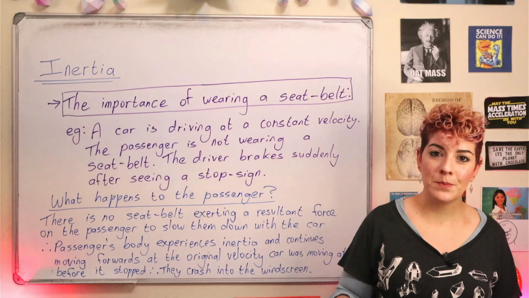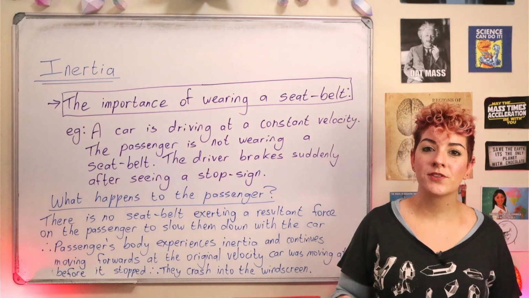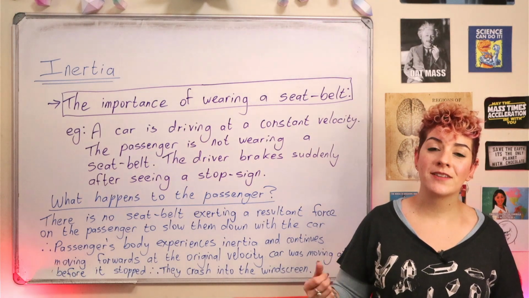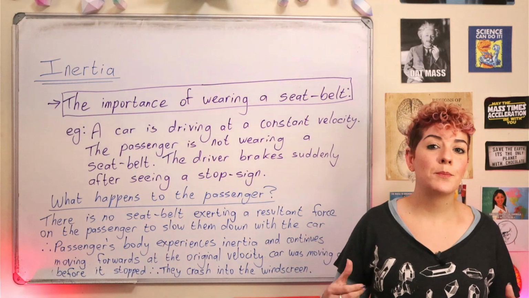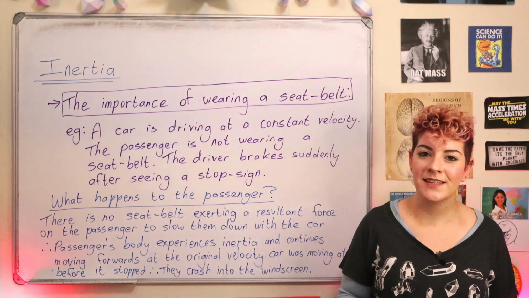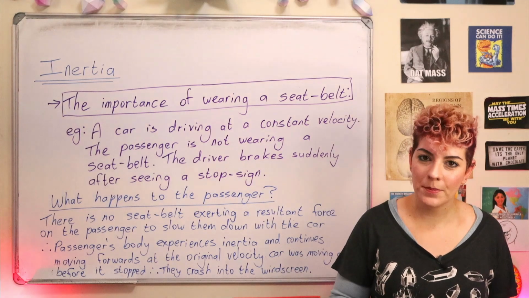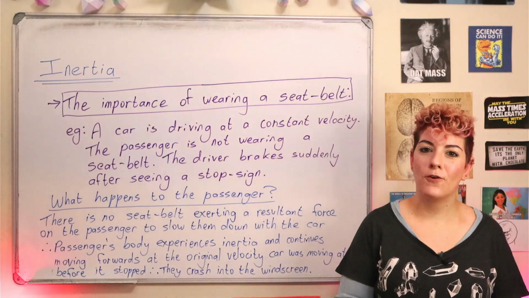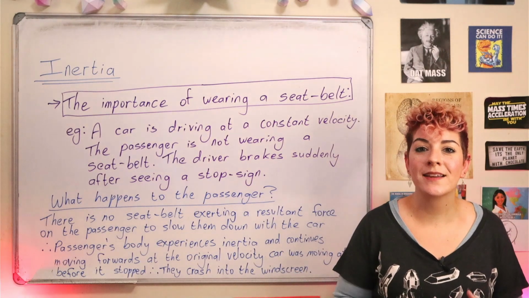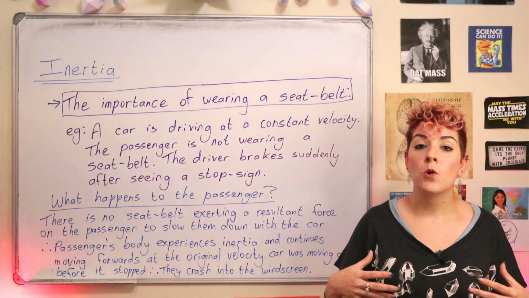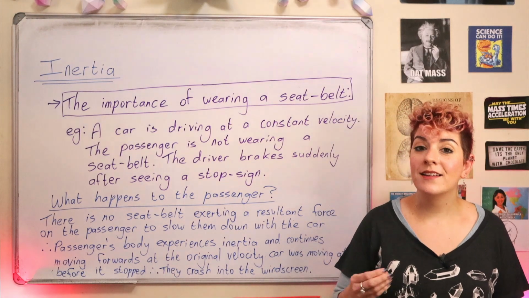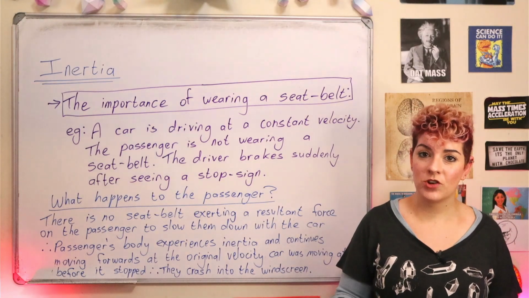But without that seatbelt, without that net or resultant force, the passenger's body experiencing inertia continues moving forward because it's trying to maintain its original velocity before the car stopped. So that's inertia for you. And please be able to explain certain stories or scenarios with regards to inertia in a test or exam question.